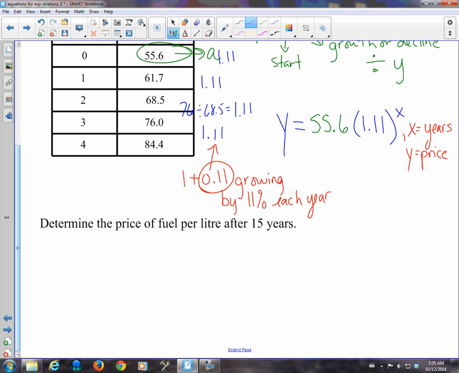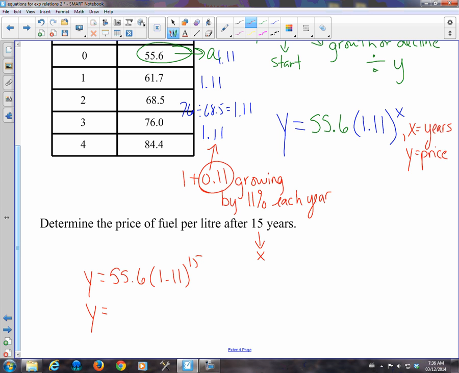Next part, determine the price of fuel per liter after 15 years. So it's telling me the years, and the years are my x. So I go back to my equation and I take out my x and I put in 15. And I get out my calculator and I figure out my answer.